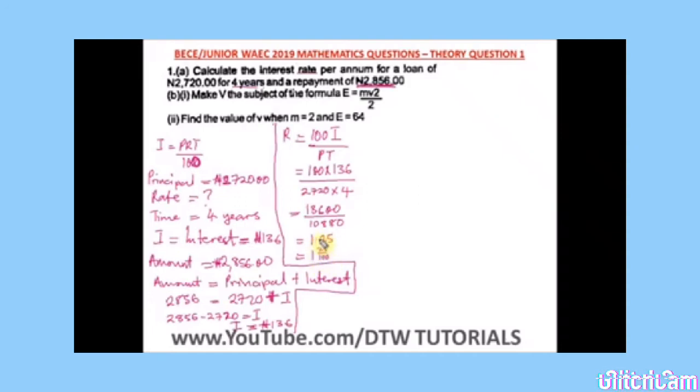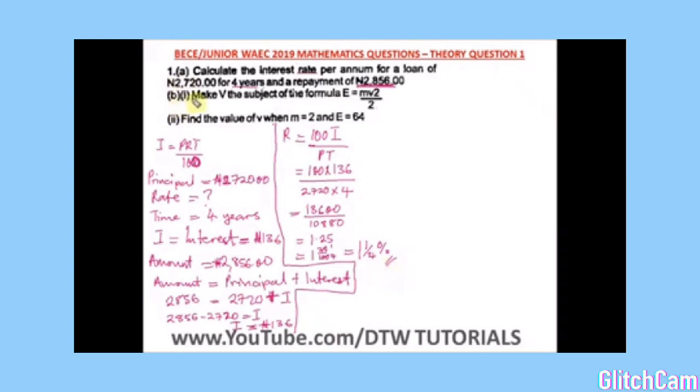Just divide: 25 over 100. 25 in 100 will be 4 times. So here we have 1 and 1 over 4%. This is our rate, the rate at which the loan will be collected. So this is our answer.